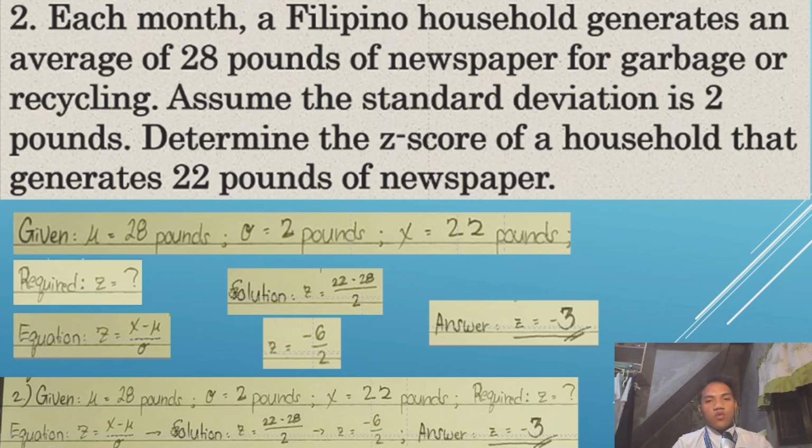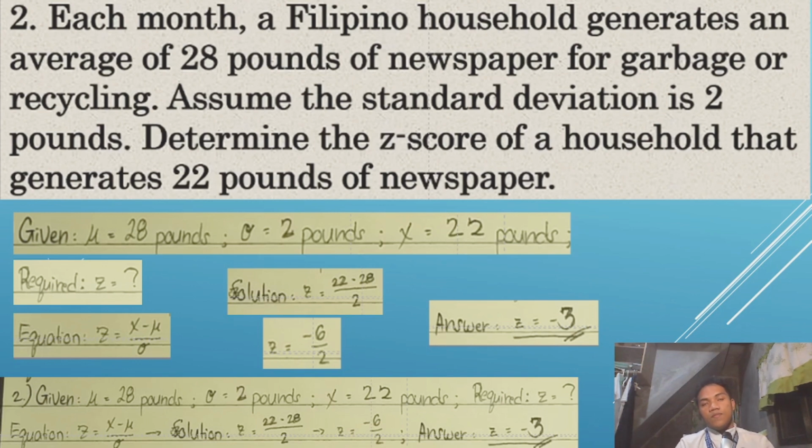Now, to get the z-score, we're gonna have the standard formula: the random variable x minus the mean, so it will be subtracted from the mean, and the difference will be divided by the standard deviation.